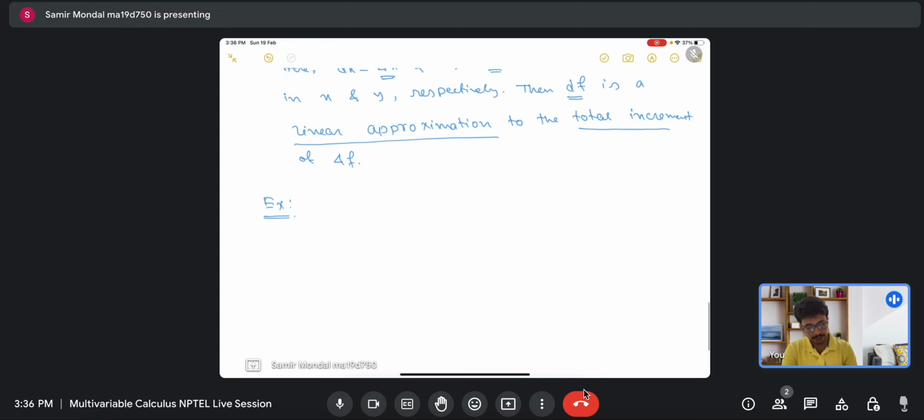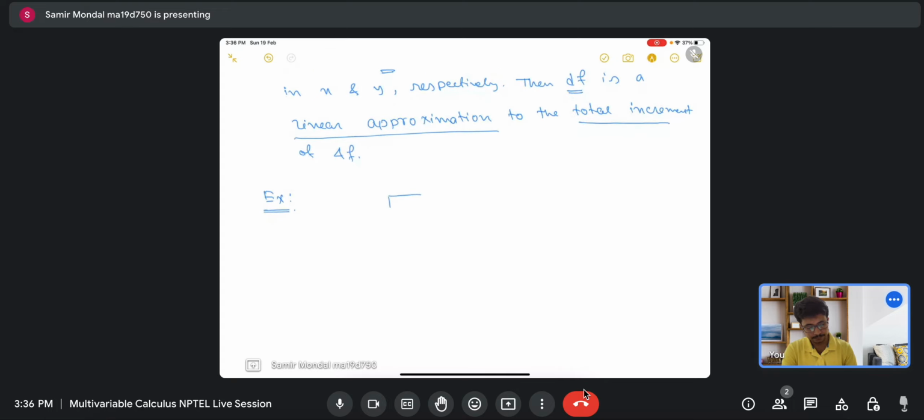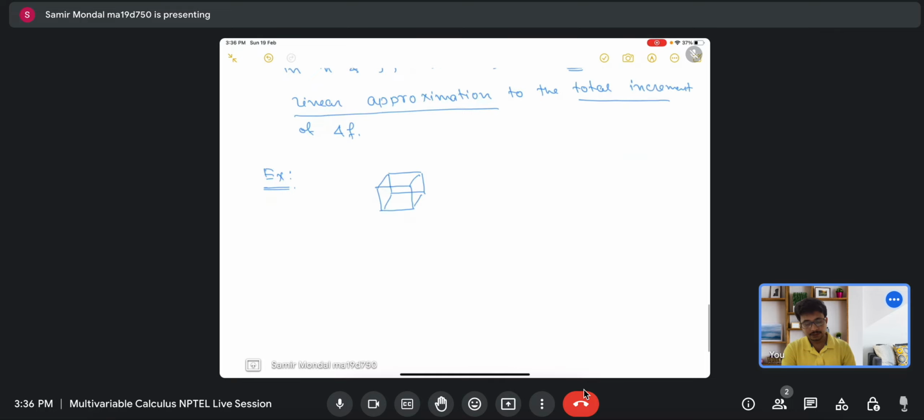You have one rectangular box, and one side is 75 cm, another side is 60 cm, another side is 40 cm.